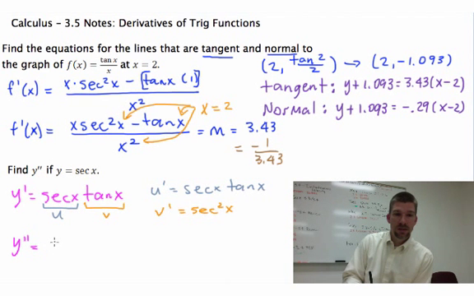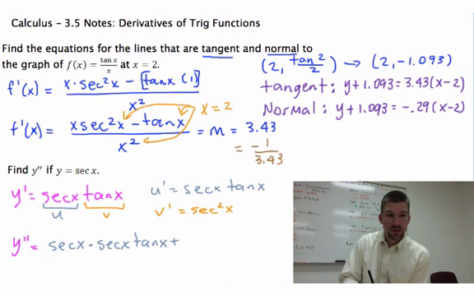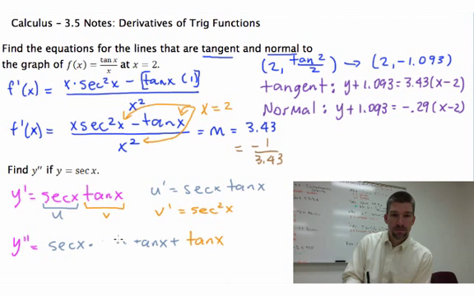We're going to have the first, secant x, times the derivative of the second, secant squared x, plus the second, which is tan x, times the derivative of the first, which is secant x tan x.